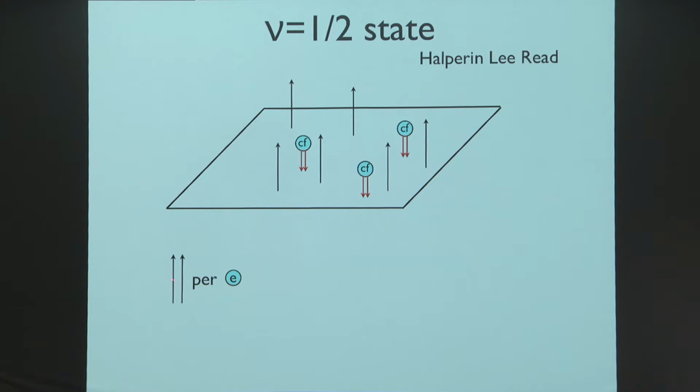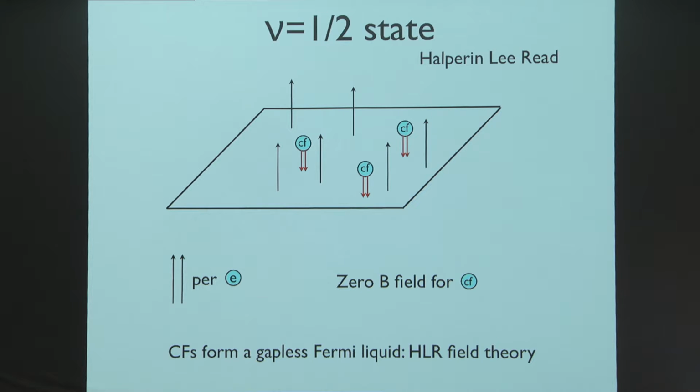Since we have 2 flux quanta per electron and we attach 2 flux quanta to each of these electrons, pointing in the opposite direction, the total average magnetic field becomes 0. When fermions live in 0 magnetic field, they form a Fermi liquid, and the central property of such a Fermi liquid is that the ground state is gapless. There is no gap between the ground state and the excited states.